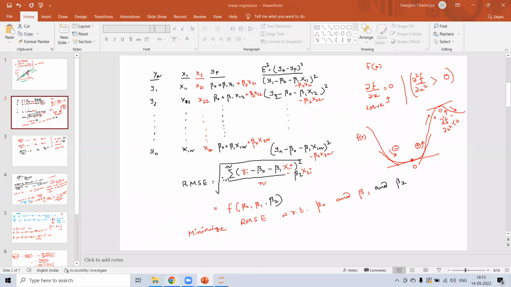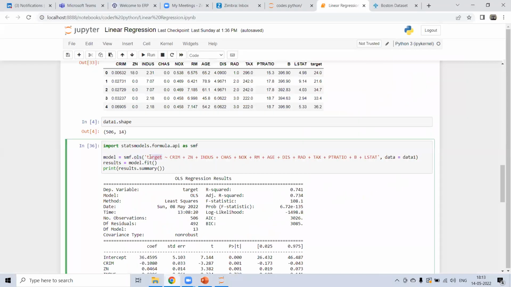Use the ordinary least squares method, where target is your y variable. The tilde means the expression target equals beta 0 plus beta 1 times crim plus beta 2 times zn plus beta 3 times indus plus beta 4 times chas plus beta 5 times nox and so on.